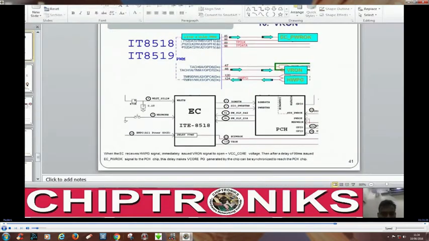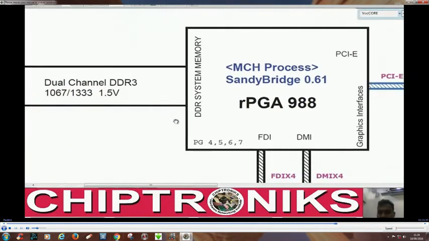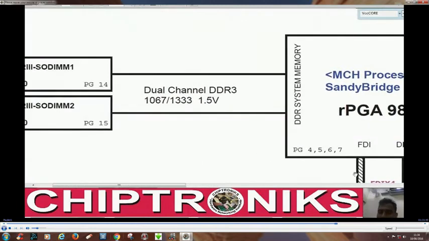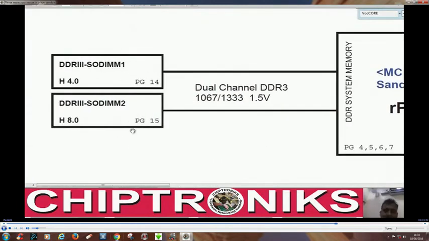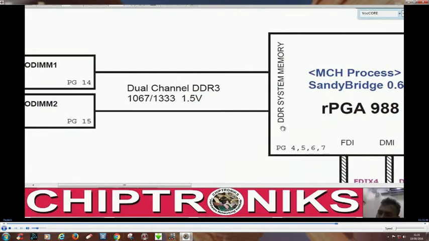Let's go in the data sheet to clarify this, right? To clarify this, here 4, 5, 6, 7, you see this processor is connected with the RAM, and RAM turns on before the processor turns on, because the 1.5 volt section of this processor has already been powered on.